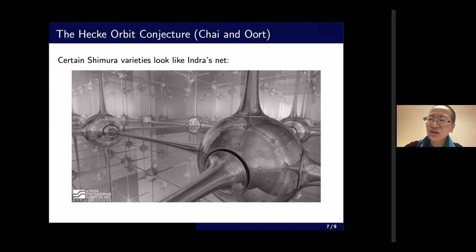And these two directions are horizontal to each other, which gives it a structure of a net. And then the Hecke orbit conjecture just tells you that these horizontal and vertical loci are precisely obtained by moving your abelian varieties in one way versus another. Okay, so that's a very vague explanation of what I did in my PhD thesis.